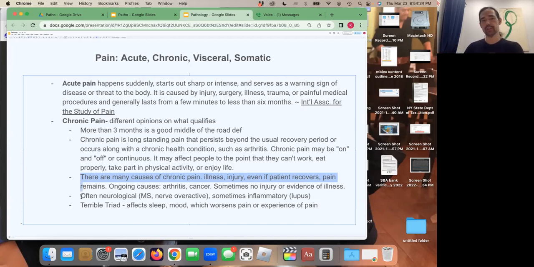There's often a neurological and often an inflammatory component. So you see it in people who have neurological conditions sometimes, like multiple sclerosis or nerves that are overactive. This is a phrase that I made up to mean things that don't have very good diagnoses, that are not clear, that are very general.